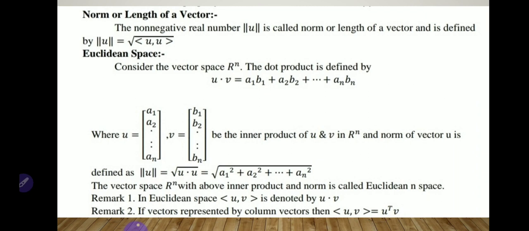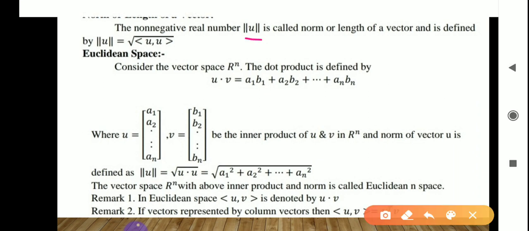Then the next one is the norm or length of a vector. So how do we find the norm or length of a vector? The non-negative real number norm u is called the norm or length of a vector and is defined by norm u is equal to the square root of the inner product of u comma u.